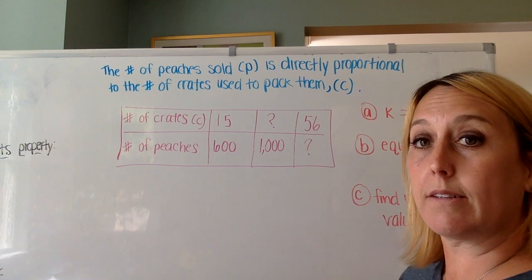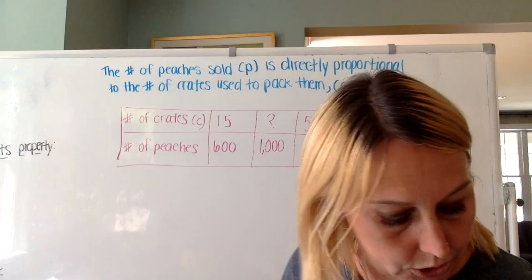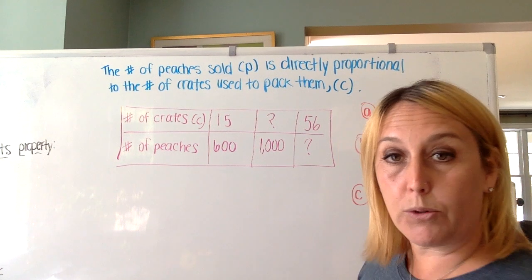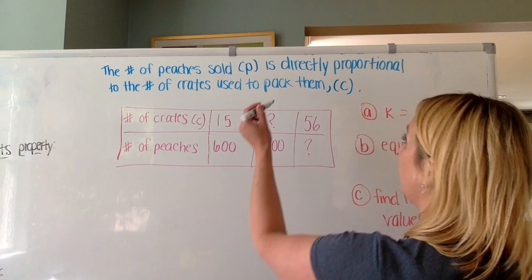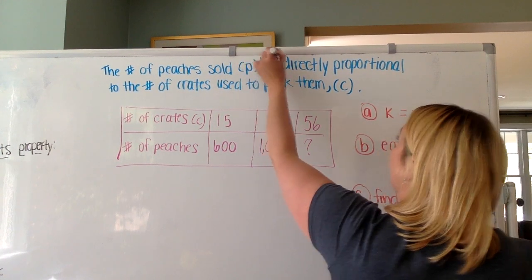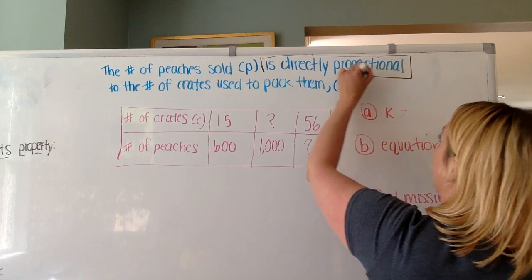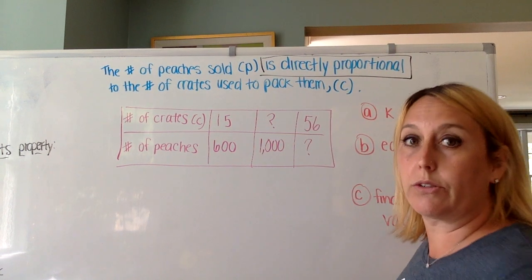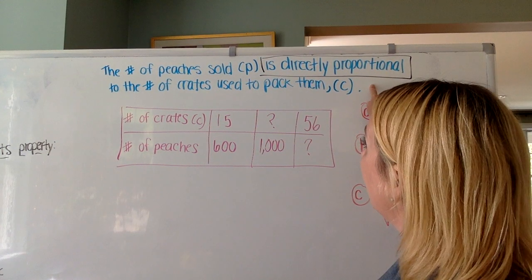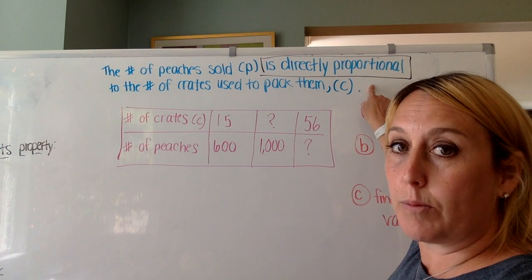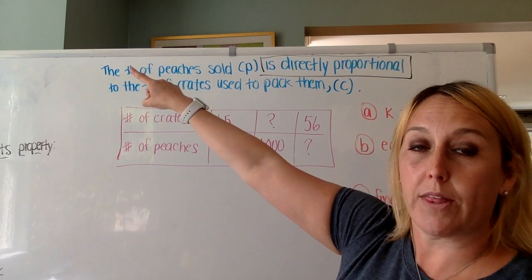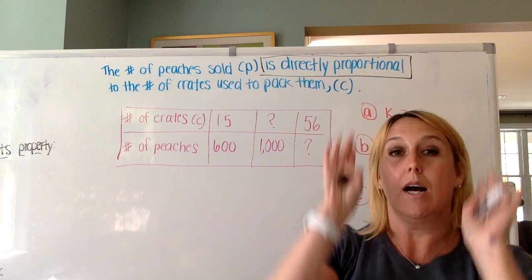It doesn't say to find out if it's a directly proportional relationship, because it tells you right there that they are directly proportional. So you want to look for that phrase, right? Once you find out they're directly proportional, the term before that is your Y.